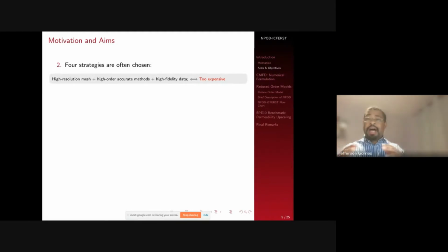Either use high resolution, so a lot of elements, high order accurate methods, so a really accurate method for solving this, and high fidelity data, so a lot of data for permeability and porosity distribution. But this approach is extremely expensive.